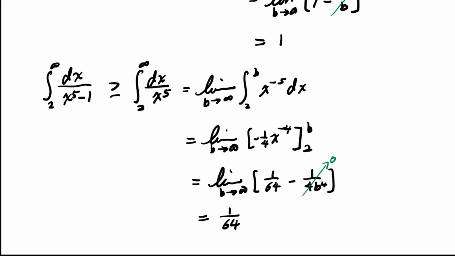What have we concluded here? What can we conclude about this integral here? That it is greater than 1/64. So is it convergent or not? It's divergent, or it's way off.